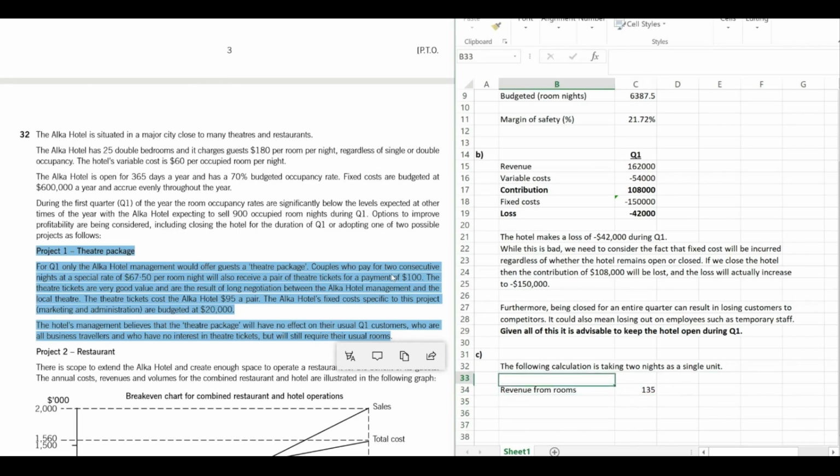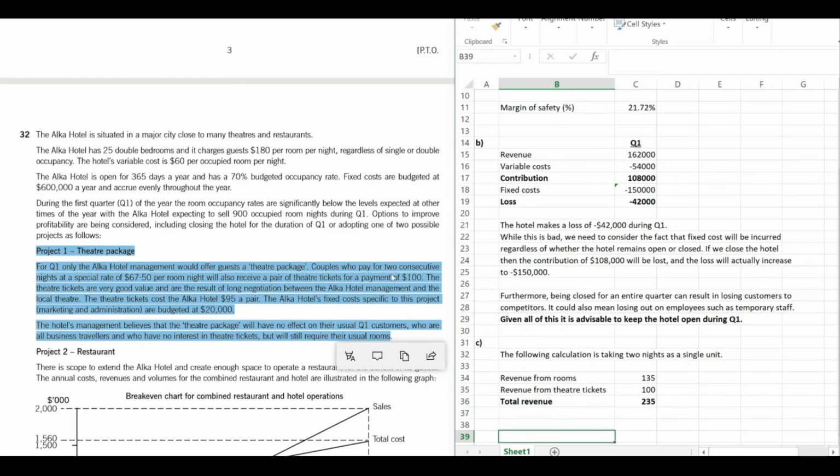Okay, but we need to remember this when we do analysis later on, that technically this is 2 nights combined into 1 unit. Okay, and then there'll be the revenue from the theater tickets, which is going to be 100. Okay, so the total revenue is going to be $235 for this one unit of 2 nights.